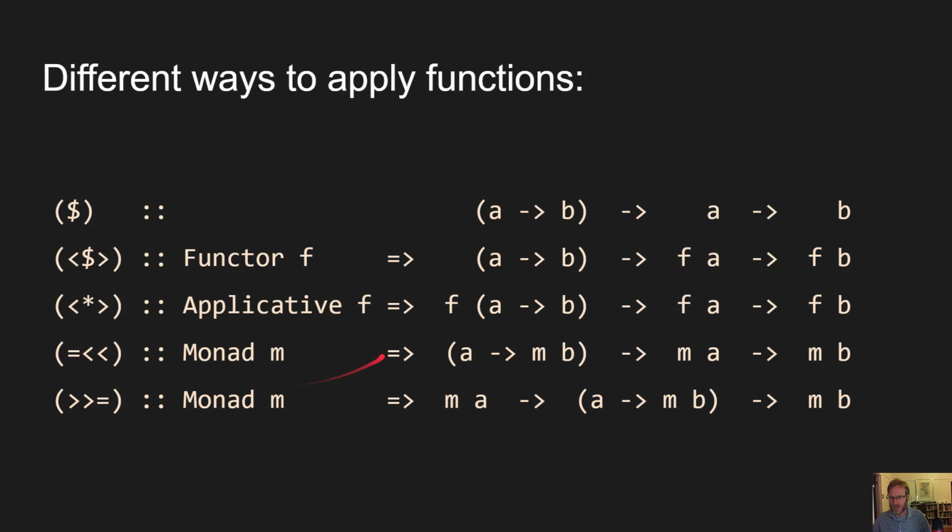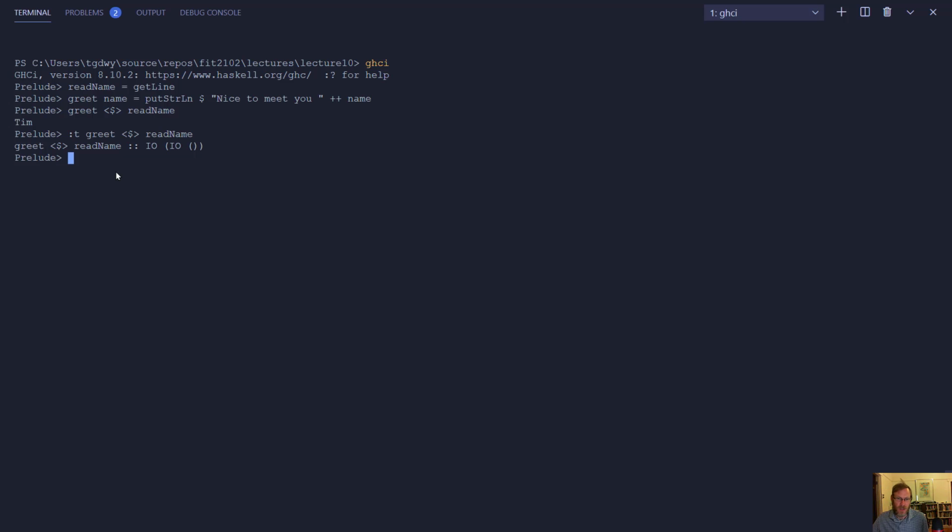And here they all are neatly laid out so that we can see the correspondences and also compared against our original way of applying functions to values using this dollar operator, so a bunch of different ways of applying functions in different configurations of contexts. There is also a super simple version of bind, which allows us to simply sequence actions when we're not interested in actually passing the values through.